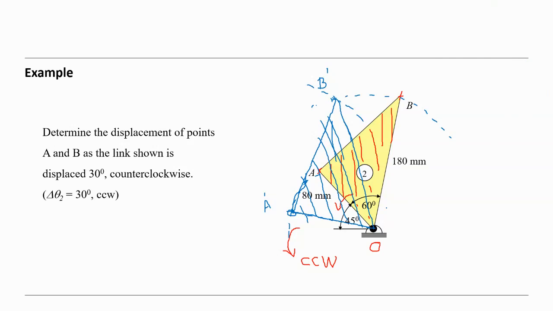In this example, the position of the member 2 consists of 3 points O, A, B. If we turn it counterclockwise 30 degrees, this member will have a new position, and to derive the new position is very easy for us.